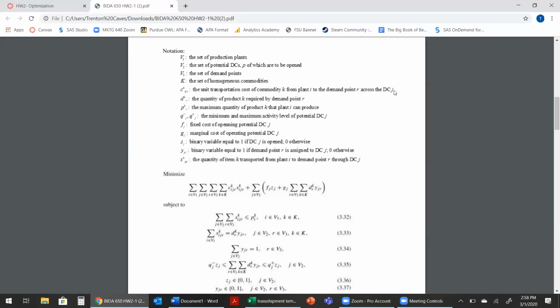So that's very wordy, but what that's saying is the transportation cost of shipping a commodity from our plant to the distribution center to the demand point. So C ijr to the k is our commodity shipping cost.